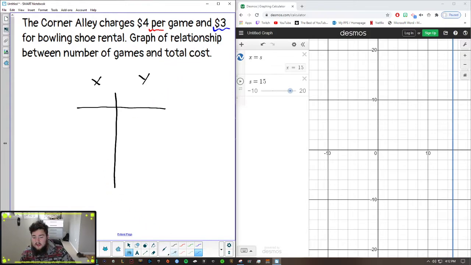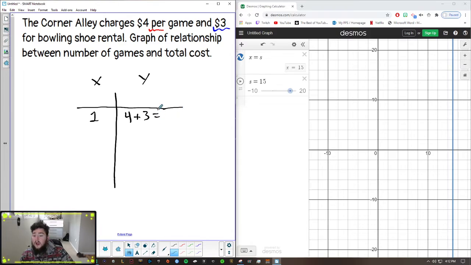So let's think. How much would a game cost if I were just playing 1 game? If I was playing 1 game of bowling, it would cost me $4 for 1 game plus $3 to rent my shoe.